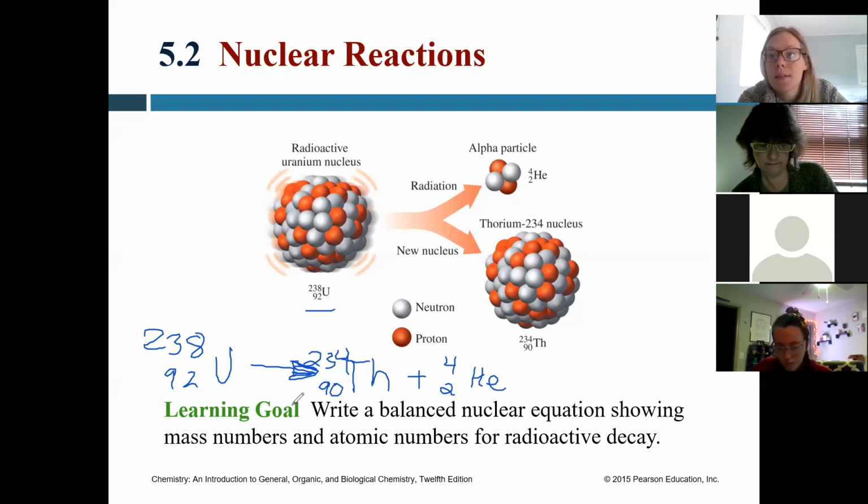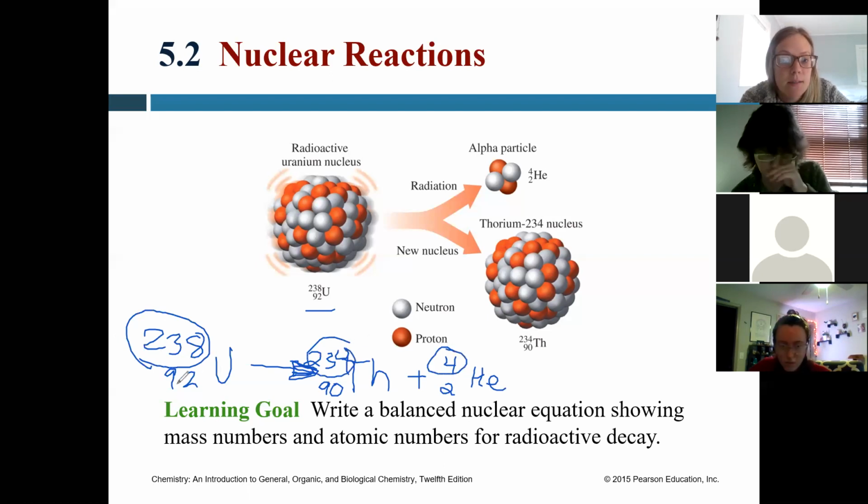And to make sure that this thing is balanced, you want to look at this value here, make sure that equals all the components over here. It does. 92 down here, we got 90 and 2. Okay, so that's in your nuclear equation, that has to equal. It doesn't have anything to do with, hey, I've got a uranium on this side, so I need to have a uranium on the other side. That is not the case with nuclear chemistry.